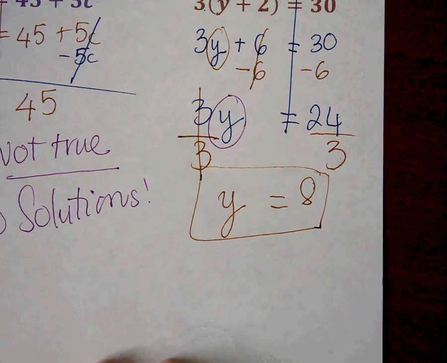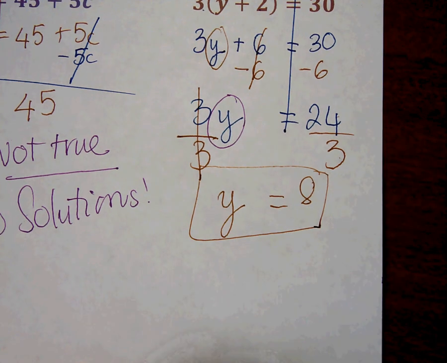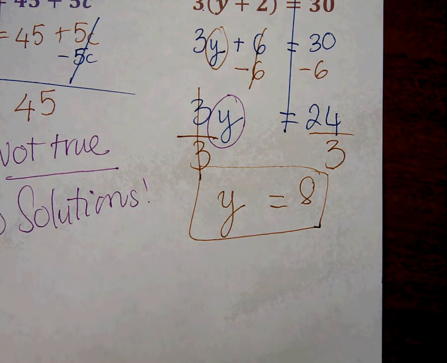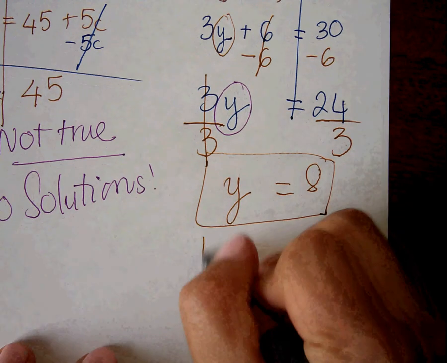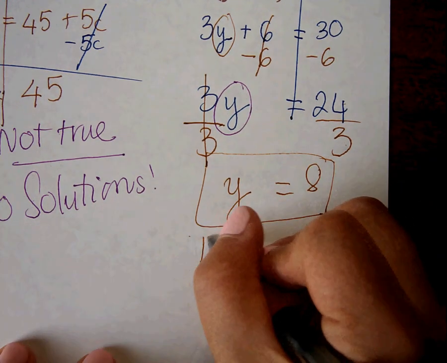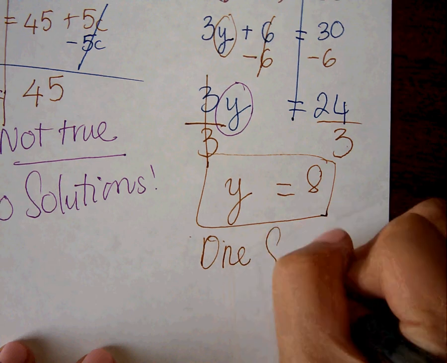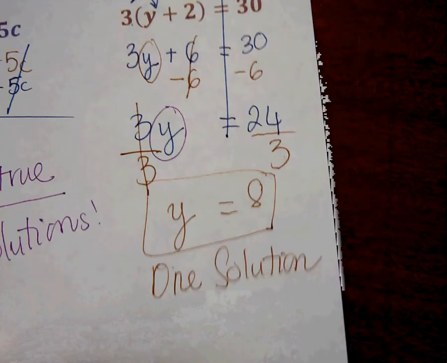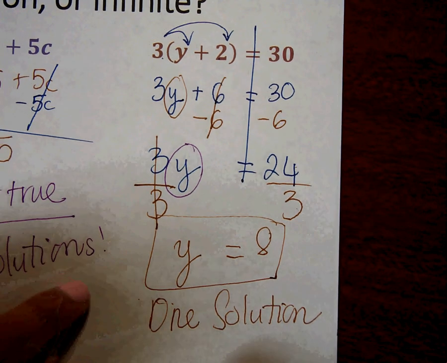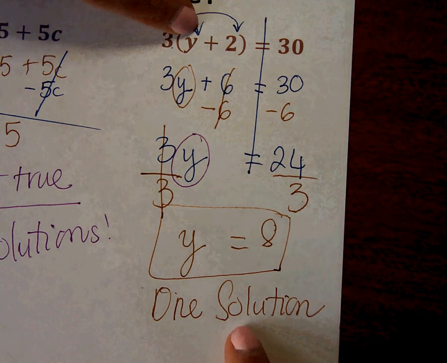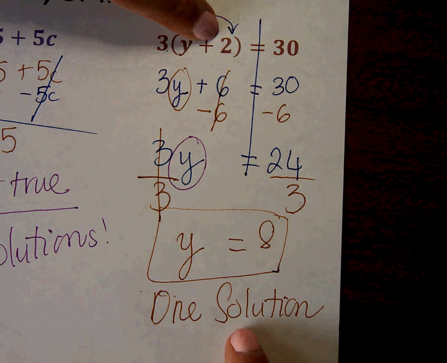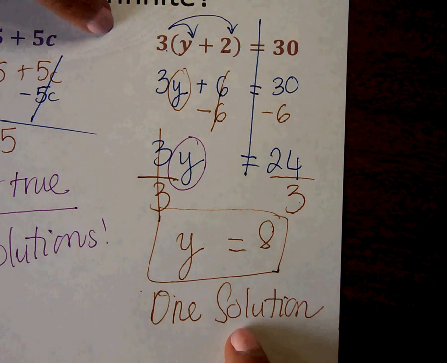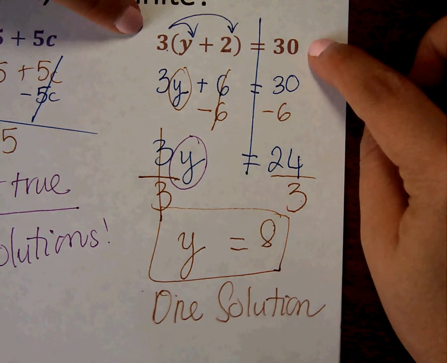If our answer is a number, we are able to solve for the variable. That means this one is the only solution. So we say this one is one solution for the equation. That means whatever you plug in right here, 8 plus 2 will give you 10, and then multiplied by 3 will give you 30. Is this true? Always.